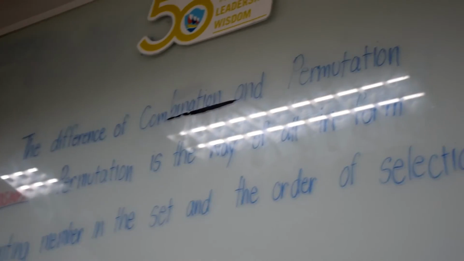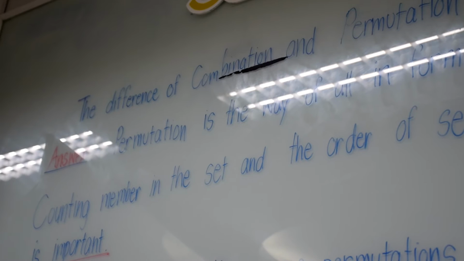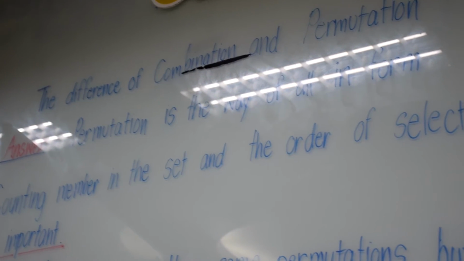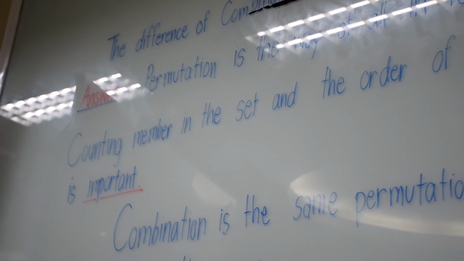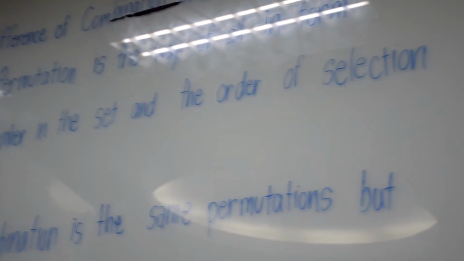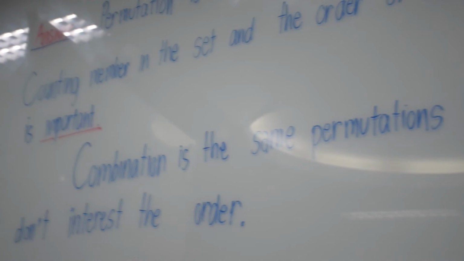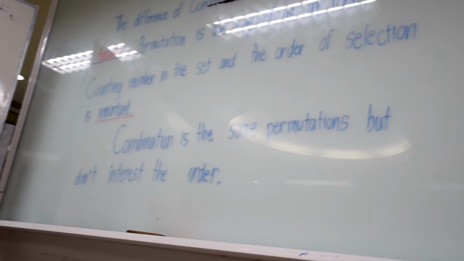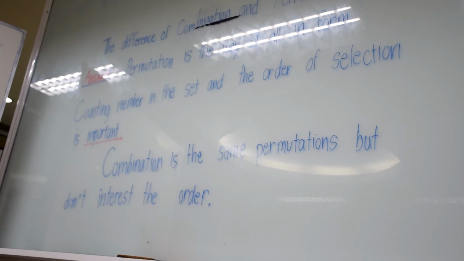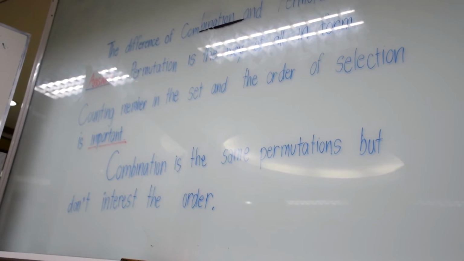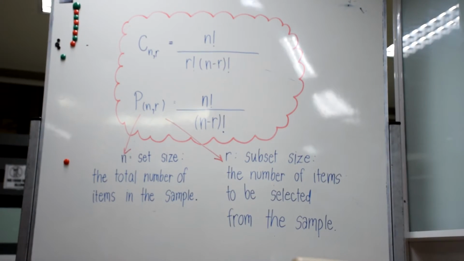The difference between combinations and permutations. The first one, permutation, is a way of counting the number of arrangements in a set, and the order of the selections is important. Combination is the same as permutation but doesn't care about the order. How to calculate?